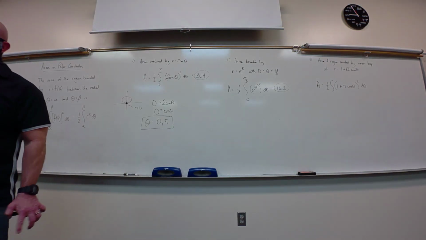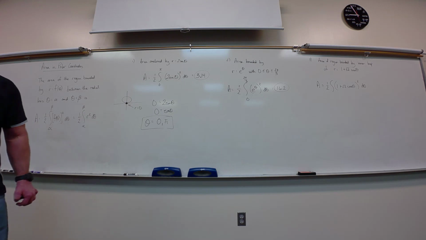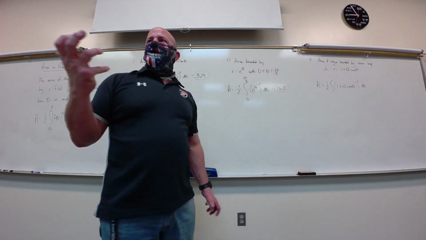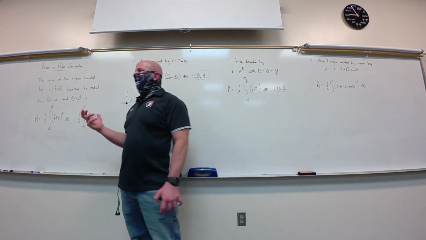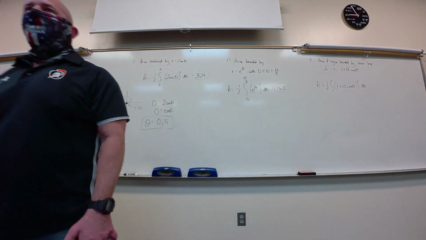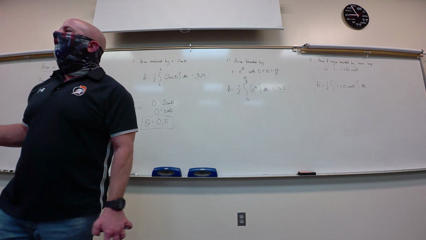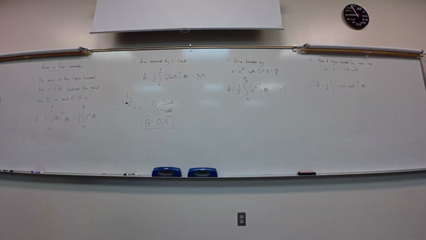When I graph it, I can see what an inner loop looks like, but I still have to figure out the limits. If you haven't graphed it, graph it so you can visualize the inner loop.